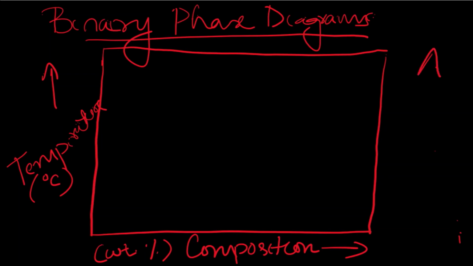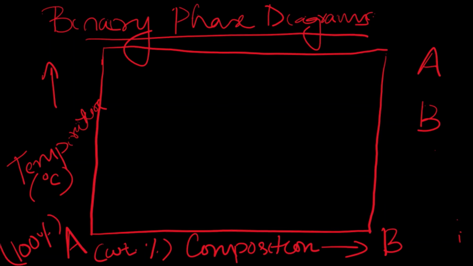One element is named A, the other element is named B. So I will take A here and B here. The meaning is that here element A will be 100%. Here element B will be 100%.